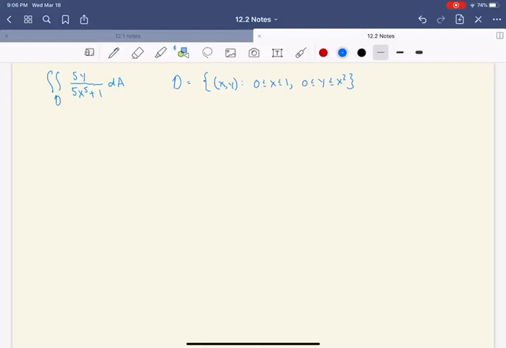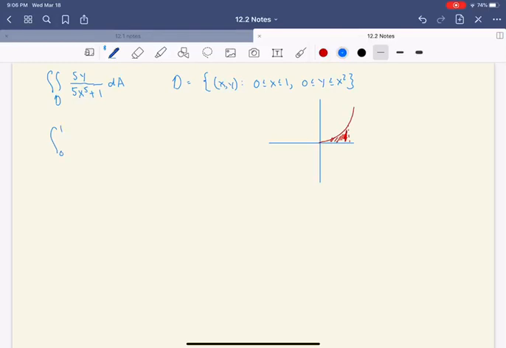Let's first draw this thing. So if we draw the region that we're integrating over, y equals x squared, that's easy enough. Okay, from 0 to 1, this region here. So we're going to set up the integral from 0 to 1.